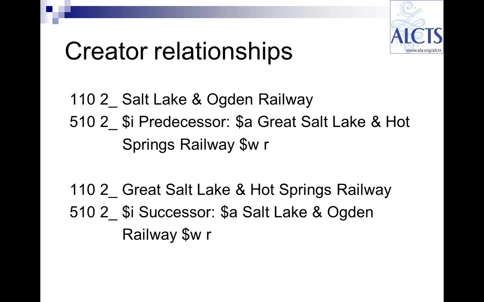How this would look in an authority record, again, being able to clearly label what the relationship was. So in the top example, the predecessor body for the Salt Lake and Ogden Railway is clearly defined. In the second example, its successor is described.